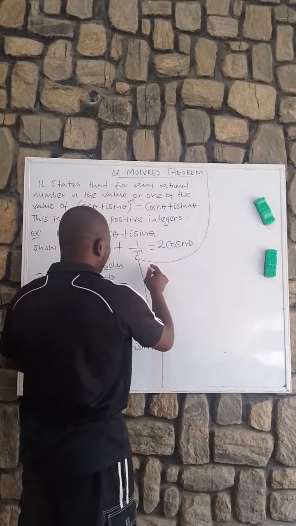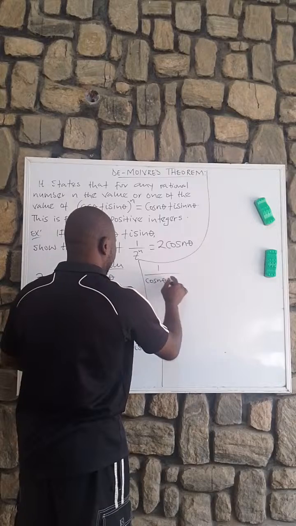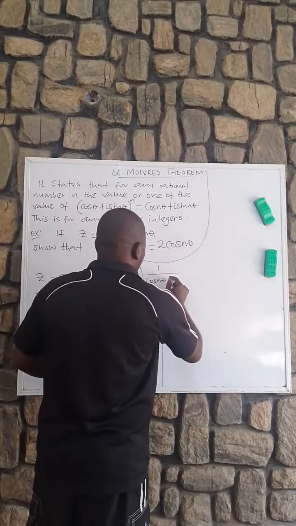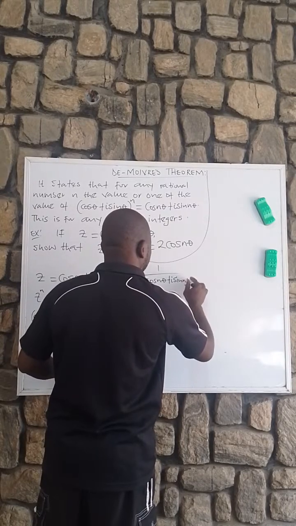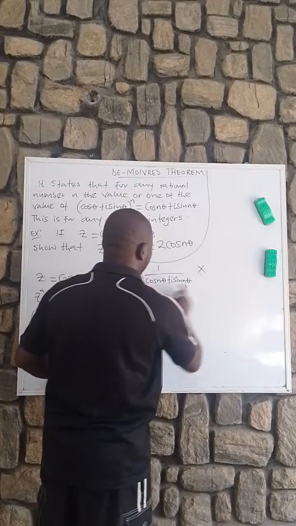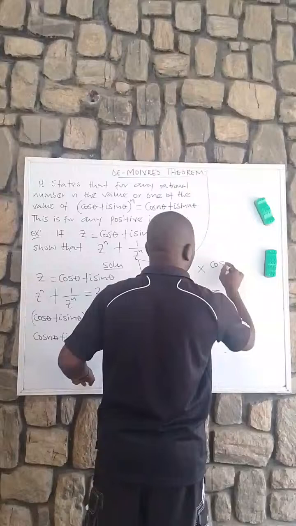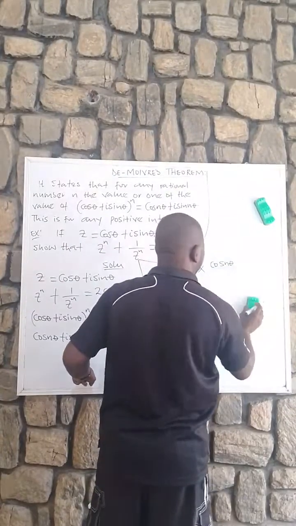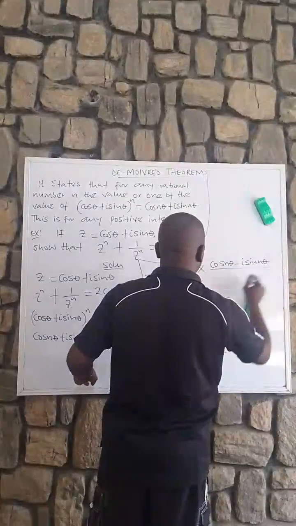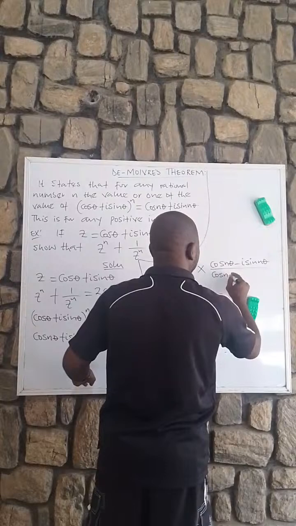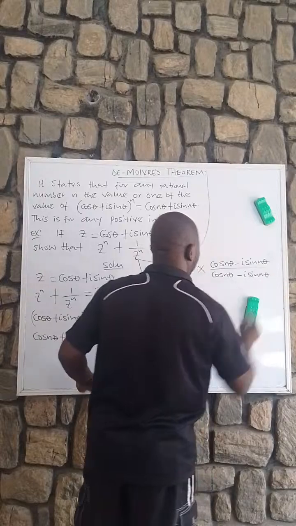Here is 1 all over cos n theta plus i sin n theta, then that is the operation here, plus, so it will now be times cos n theta minus i sin n theta, all over cos n theta minus i sin n theta, amen?